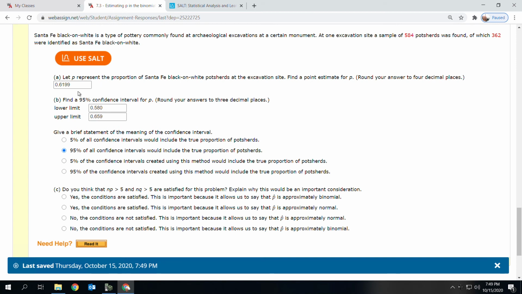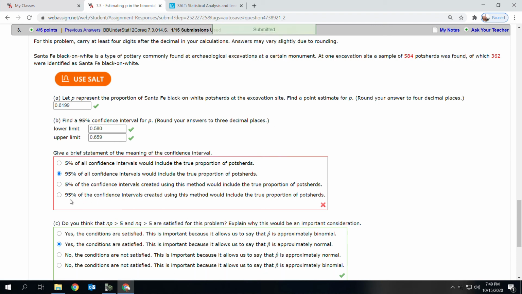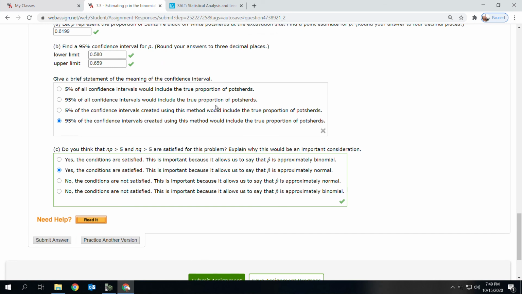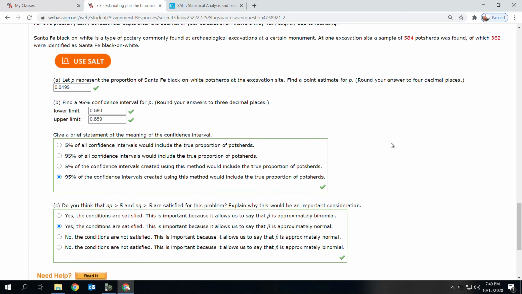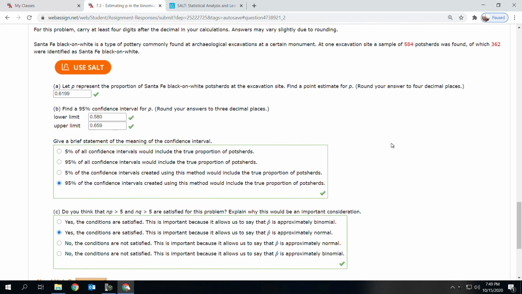And if we take 584 times 0.38 or 39, we're still going to be well over 5. So the conditions are met, and we're good to go. Oh, the interval would include it. There we go. Always have to goof one up a little bit. It wouldn't be a good video without it.